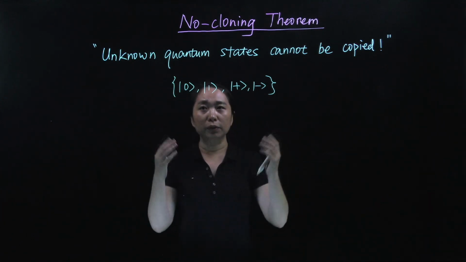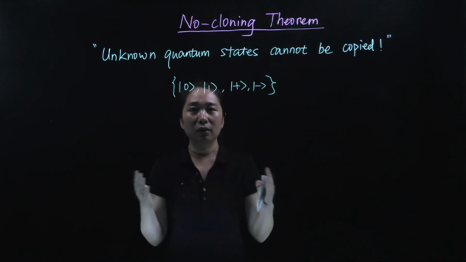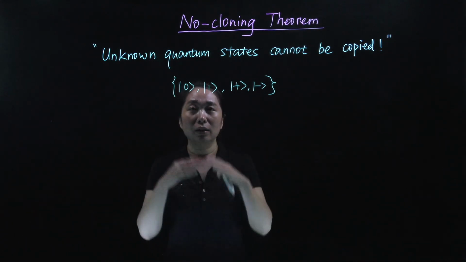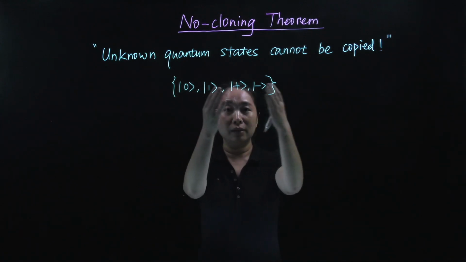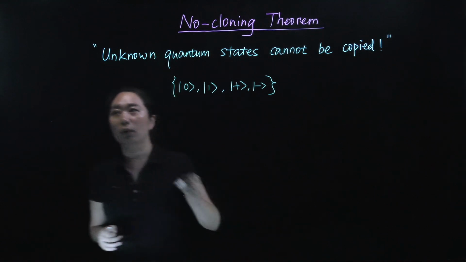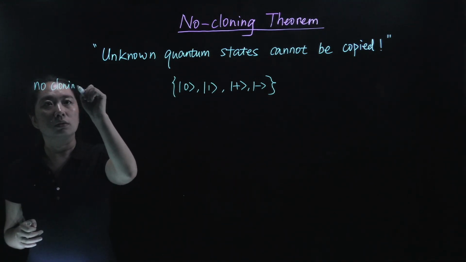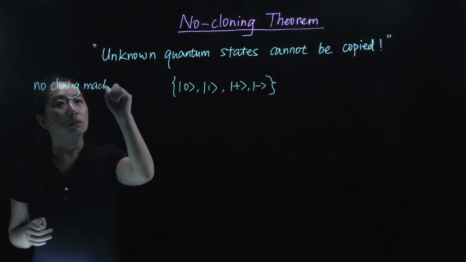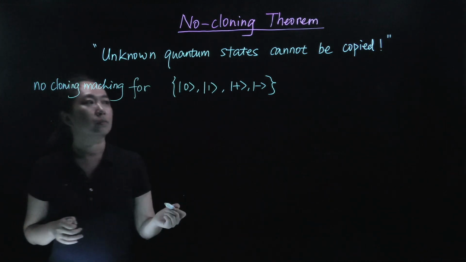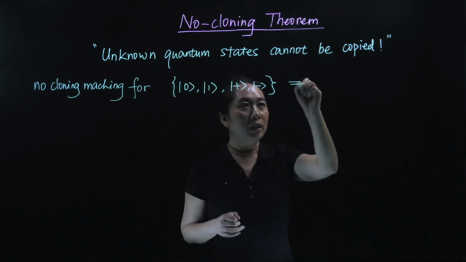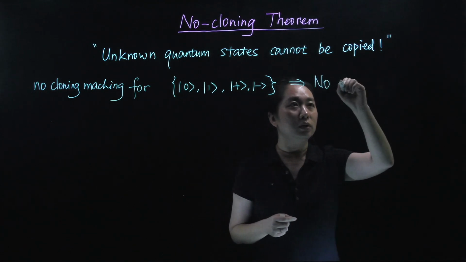Following our proof, if we assume that 0 and 1 can be copied, then we will not be able to copy any superposition of 0 and 1. We will not be able to copy plus and minus. So there is no cloning machine for this set of states, which then tells us that there is no superluminal communication.